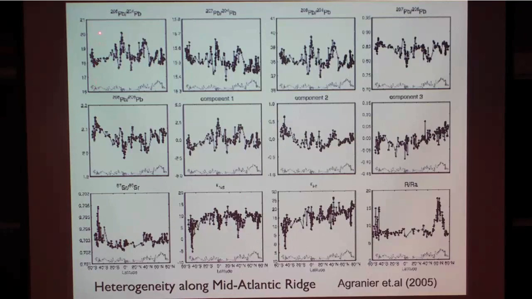So this is lead isotopes versus latitude, and here we have strontium isotopes versus latitude. We have a variety of components. And this allows you to see the general homogeneity, that sort of spectrum of homogeneity along the mid-ocean ridge, but then you can also see the influence of various hotspots, and you also see that there is a little bit of variability in the scale of heterogeneity. So there is some spectrum of heterogeneity along the mid-ocean ridges.